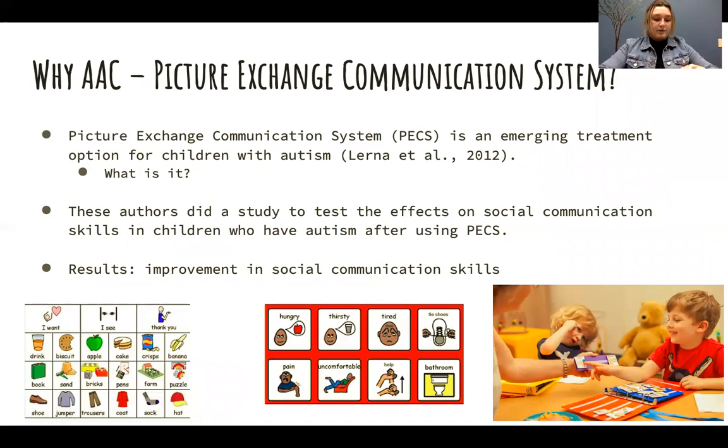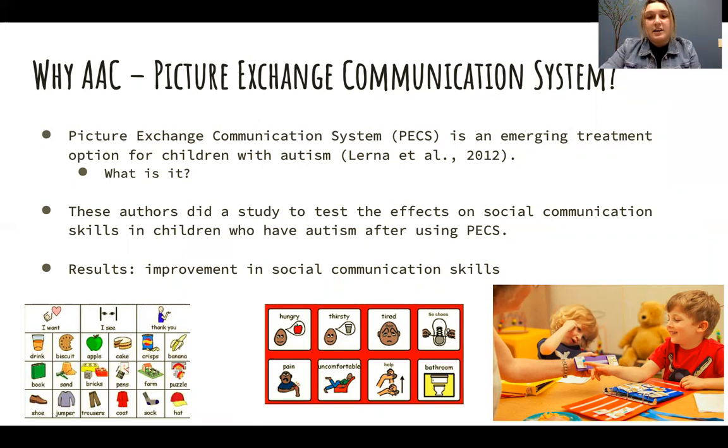So I have an example. I have a sentence strip here that says, I want, and then there's a blank, and then it says, please. The child could have a variety of different symbols. It can be literally anything. And then they could choose one. So say they choose cereal, and then they can put it on their sentence strip. And now it says, I want cereal, please.